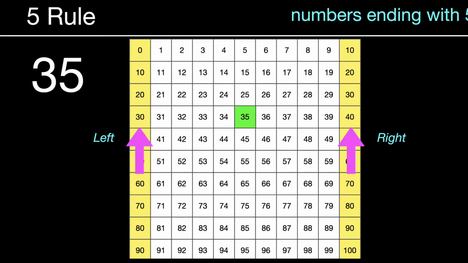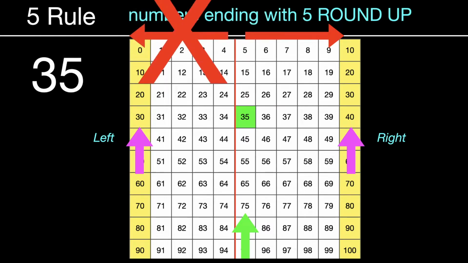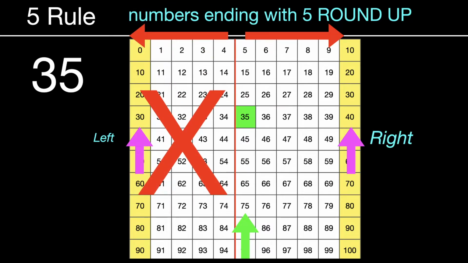Well, the 5 rule says that any number that ends with a 5, like 35, and any of those numbers in the column that ends in 5 rounds up. Up on a rounding chart means that we're rounding to the right side, not to the left. So in this case, 35 would round up to 40, even though it's the same distance to the 30.